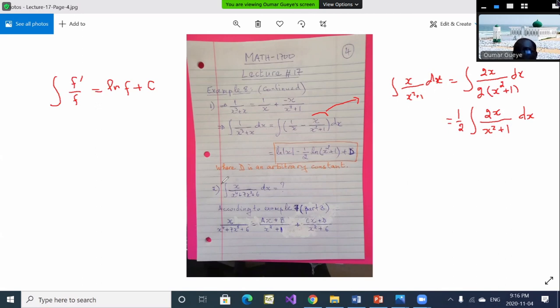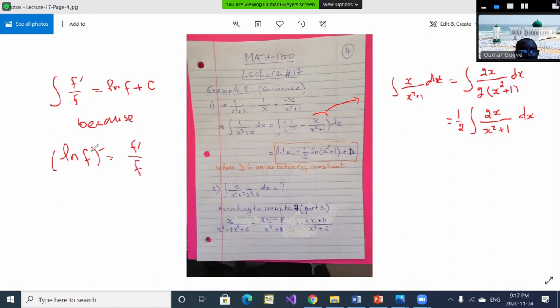And now we have exactly this form, the integral of f dash over f. And f dash over f by chain rule is obtained from the derivative of ln of f. This is equal to, because you've seen this in 1500, the derivative of ln of f is equal to f dash over f. That's why.